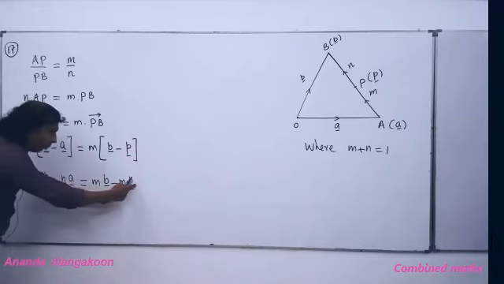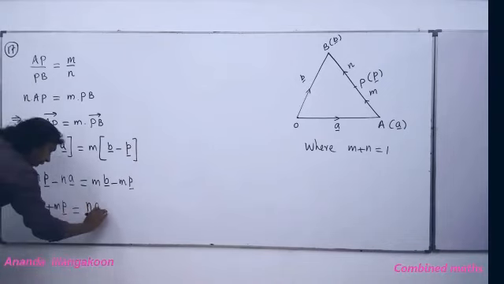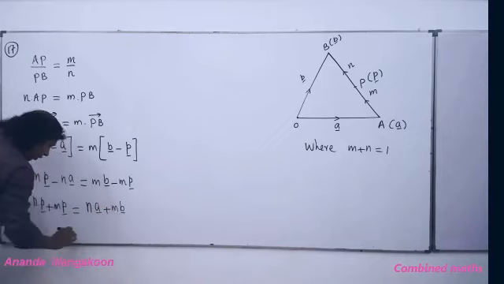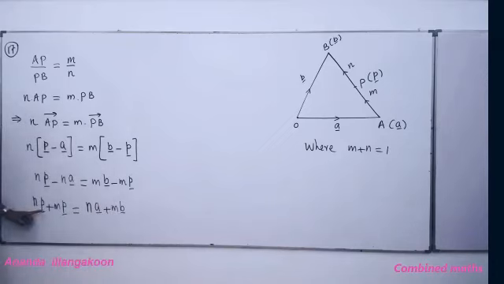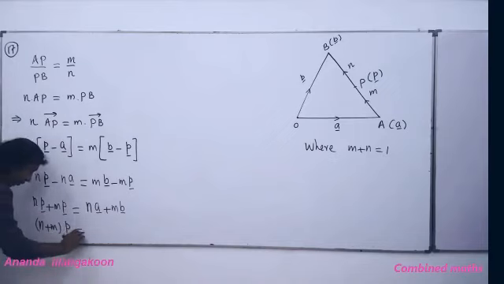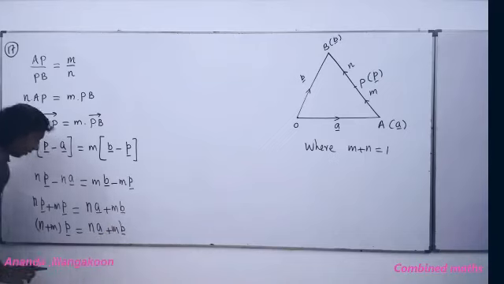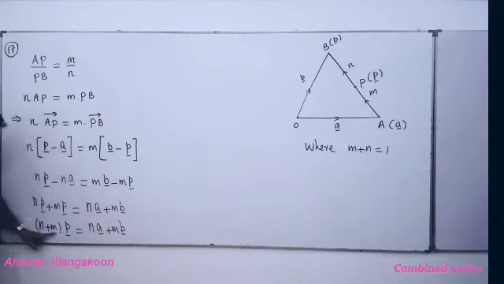You can bring this to this side, this to this side. Then we get N P vector plus M P vector is equal to, bringing to the right hand side, Na plus Mb. I can take this simple P vector out, people. We get N plus M times simple P is equal to Na plus Mb vector. What is N plus M?